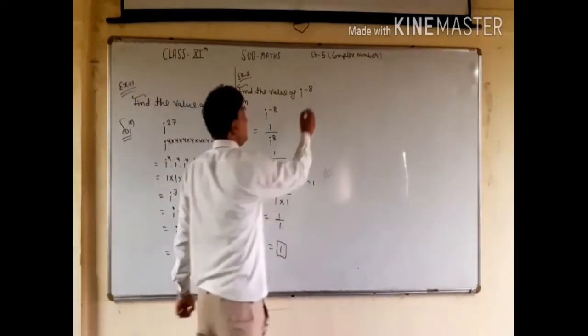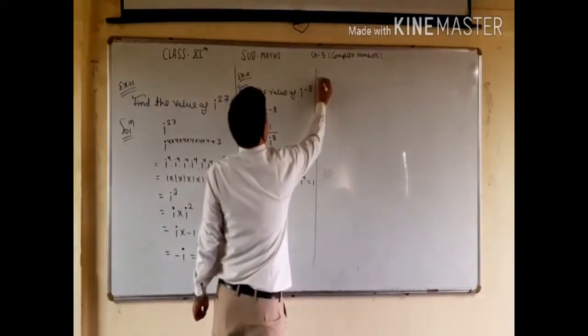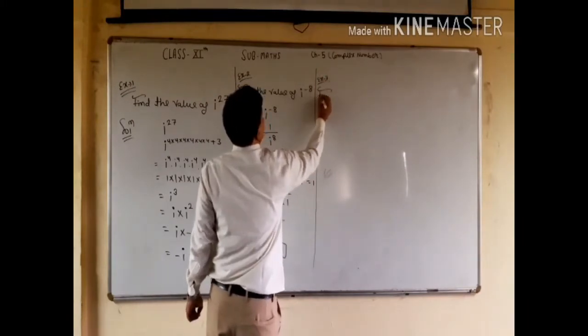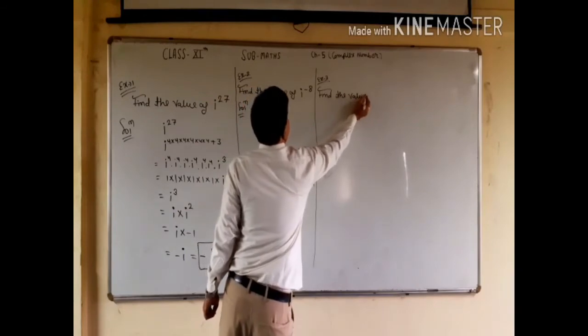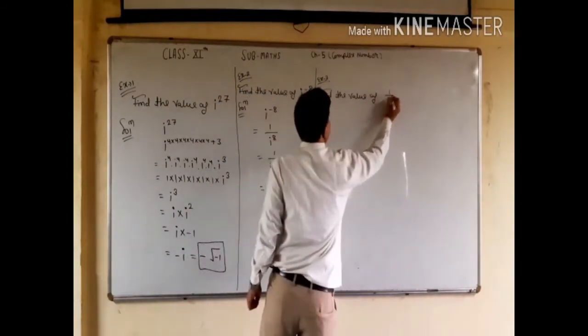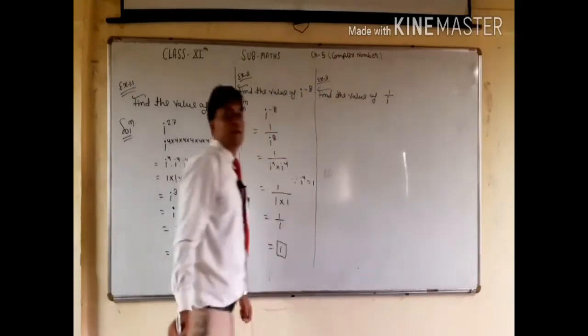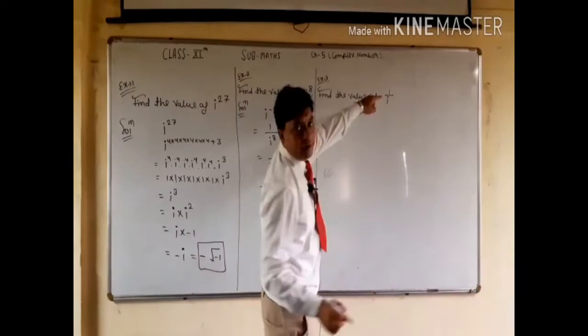Now the next example is, find the value of 1 upon iota. Find the value of 1 upon iota.